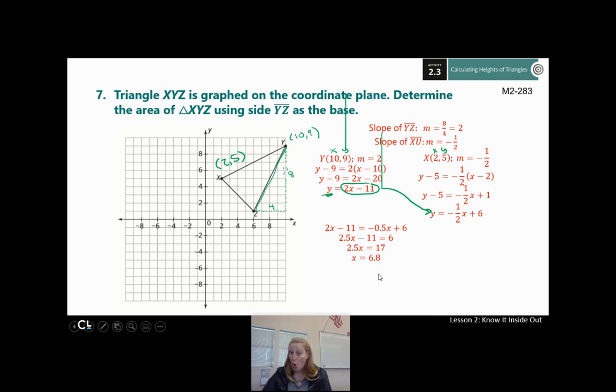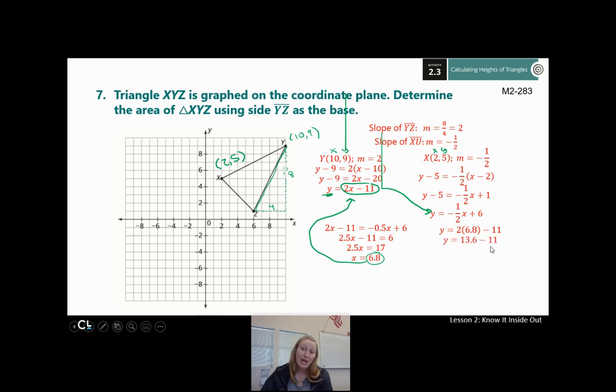Beautiful. So that means I need to plug that x back into one of these equations. You know what? I'm going to plug it back into this equation. So I'm going to take that 6.8 and plug it in right there. I don't want to deal with the fraction. So y equals 2 times 6.8 minus 11. 2 times 6.8 is 13.6.